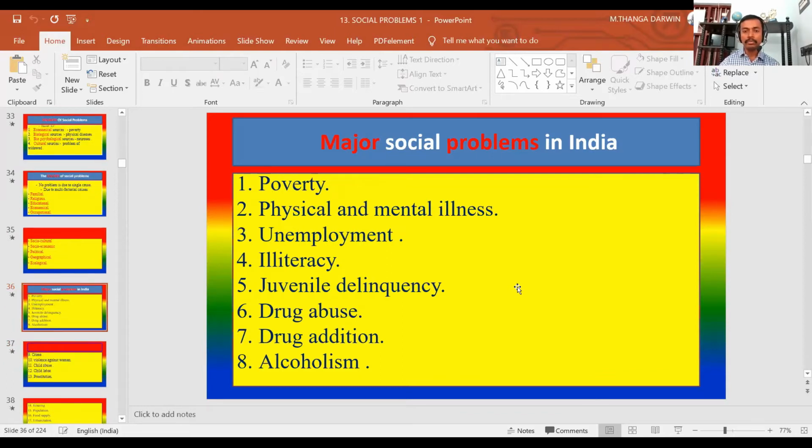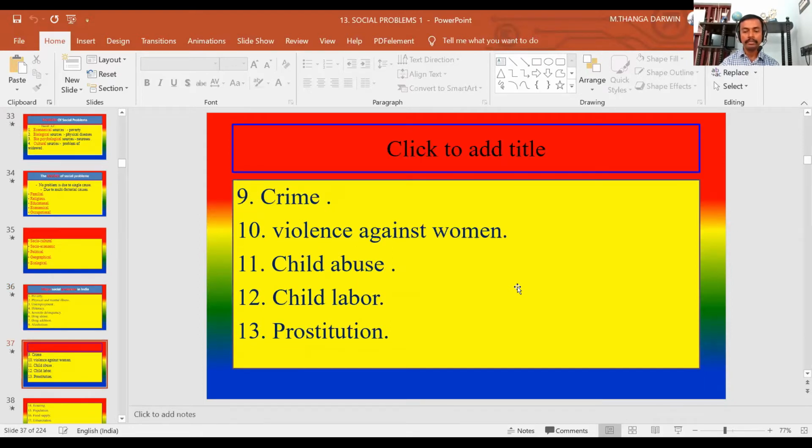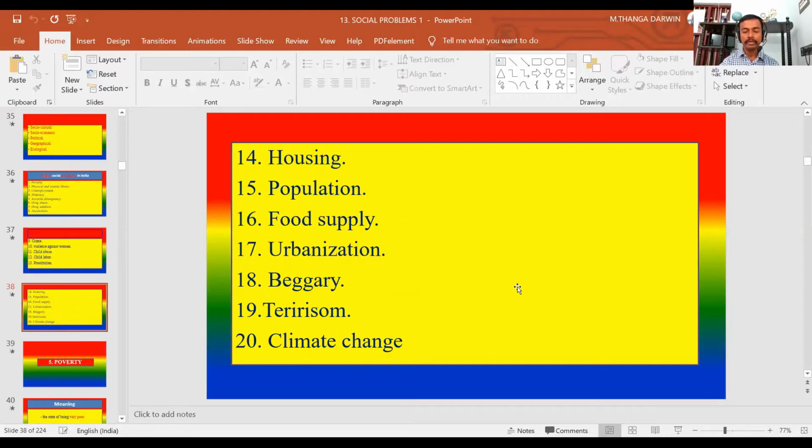The major social problems in India: poverty, illness, diseases, unemployment, illiteracy, juvenile delinquency, drug abuse, drug addiction, alcoholism, crime, violence against women, child abuse, child labor, prostitution, housing, population, food supply, urbanization, beggary, terrorism, and climate change, including global warming, etc.